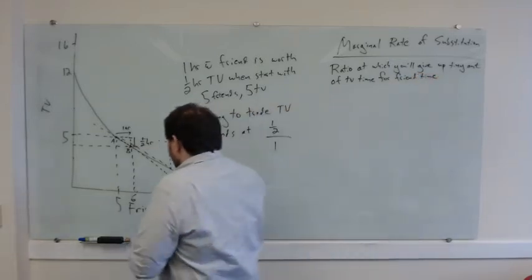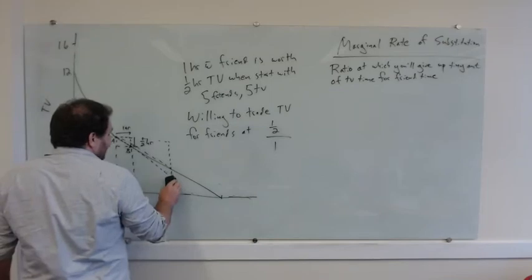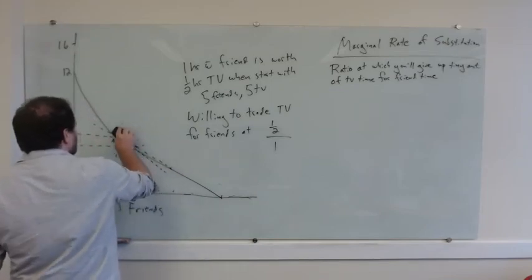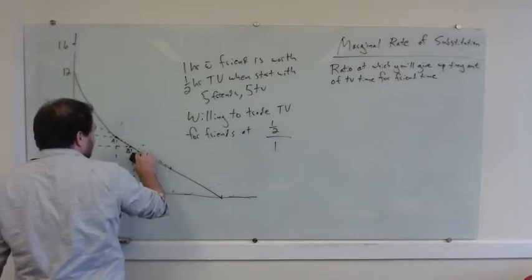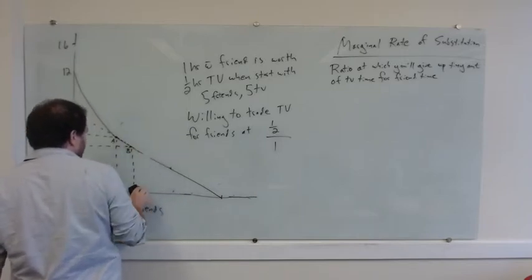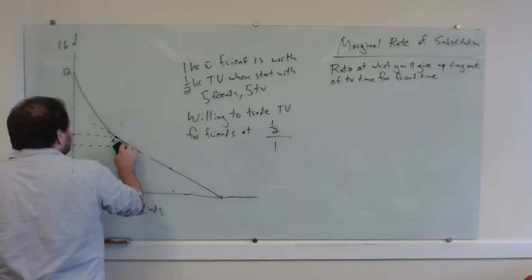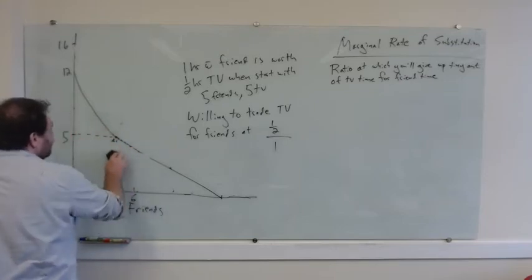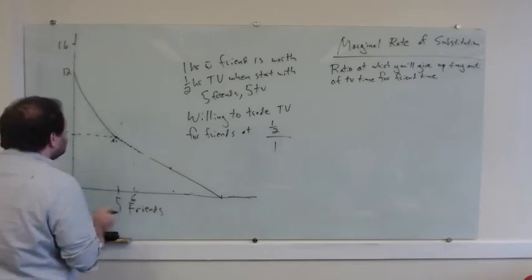Right? So instead of thinking about what 1 hour of TV time is worth to me, I want to ask what 1 second of TV time is worth, or what 1 millisecond of TV time is worth, which you might be thinking about from your calculus class. What we're really asking for here is a tangency.